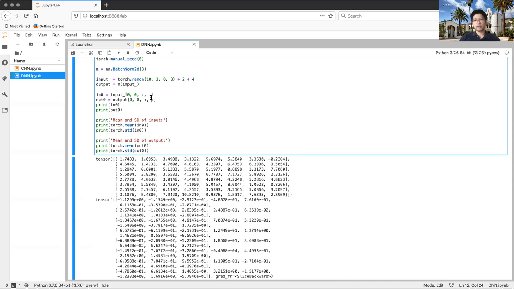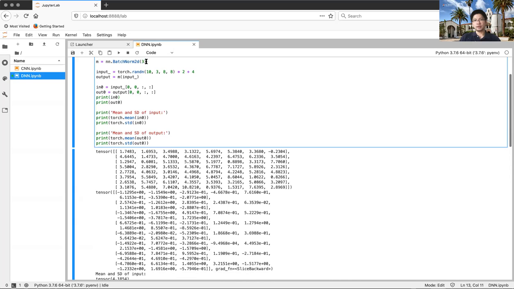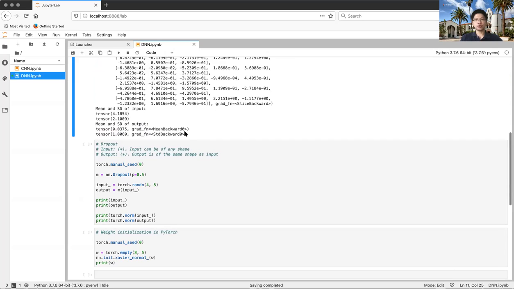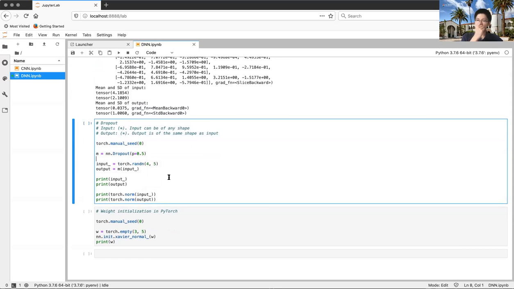Okay, and in practice, we can embed this batch norm component within a very big model, like between layers. Second, we can look at the dropout technique that we talked about in the previous lecture. Dropout also applies to a layer, to a tensor, and it will set some values in that tensor to 0, okay?